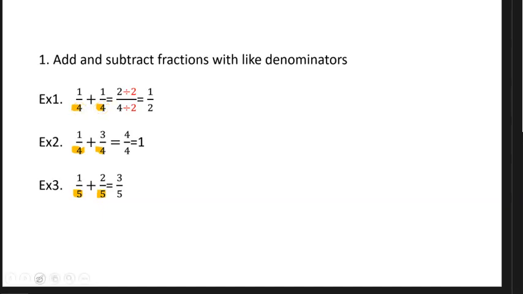Okay, so the rule is keep the bottom, 4 and 4, keep it. You still get 4, but we're going to add the numerators, 1 plus 1, that gives us 2. Now, in algebra, we always want our fractional answers to be in simplest form. So we use what we learned before.